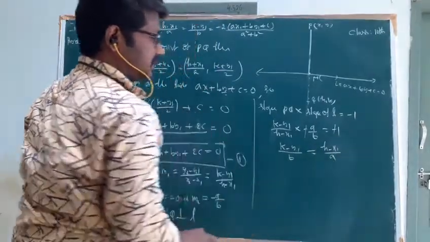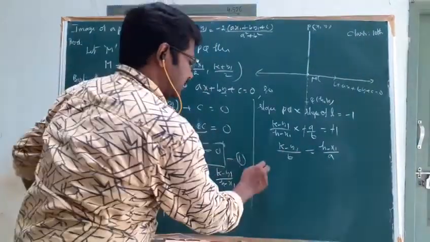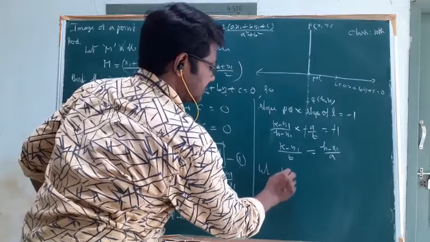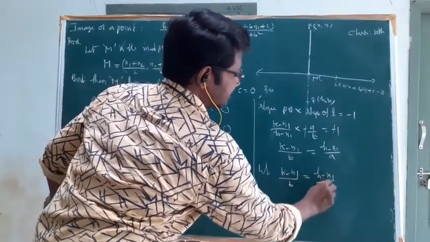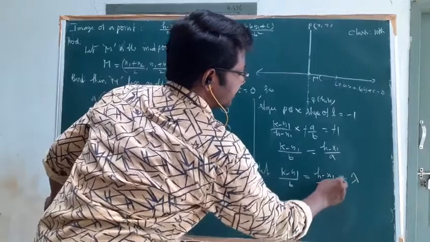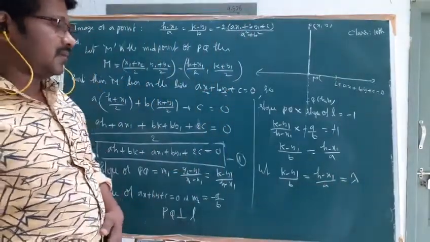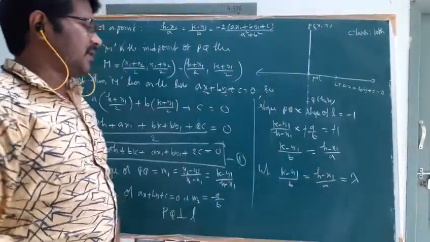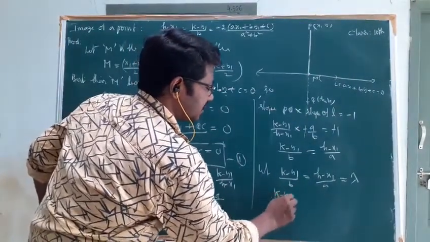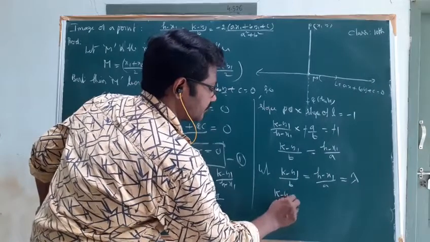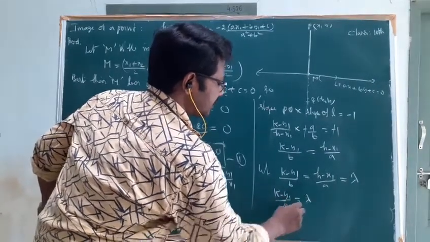So these are both similar now. We can take (k minus y1)/b is equal to (h minus x1)/a is equal to some lambda. From here find out lambda. Take (k minus y1)/b is equal to lambda.